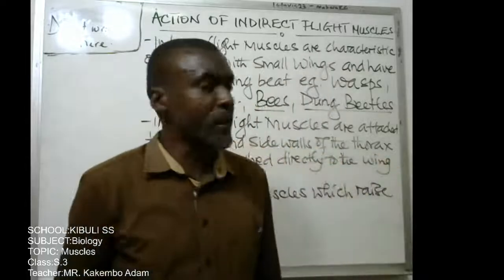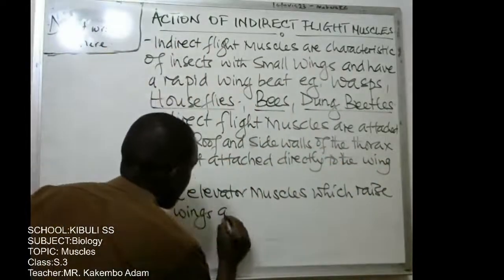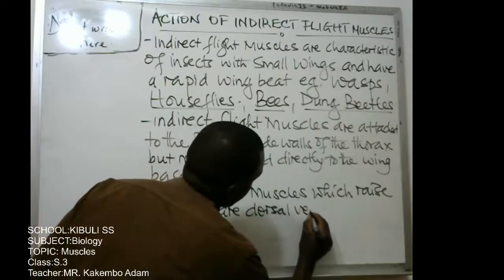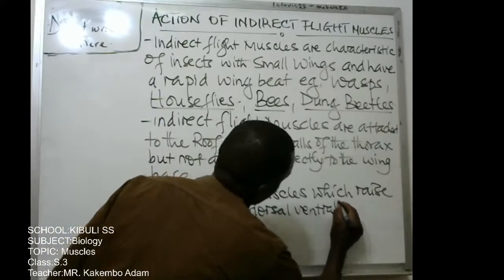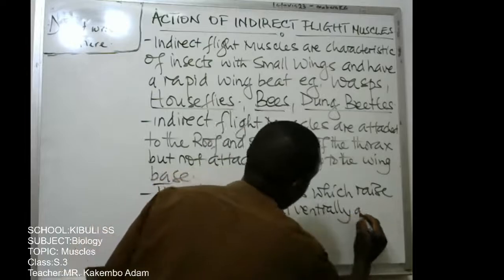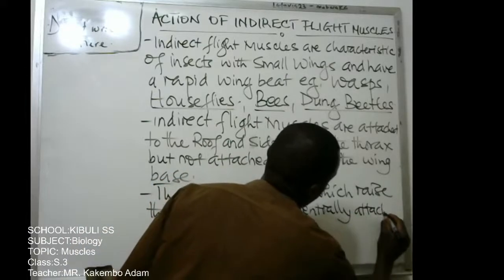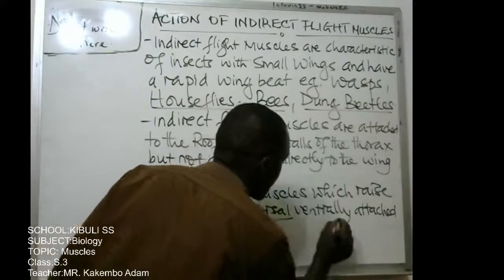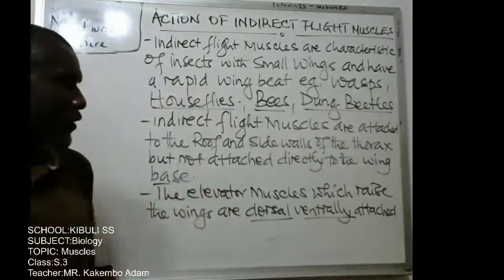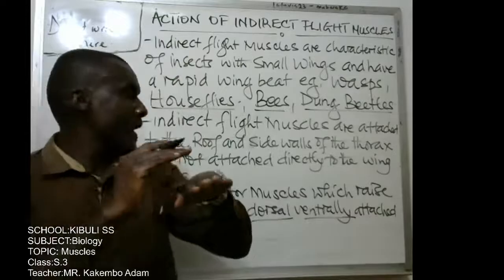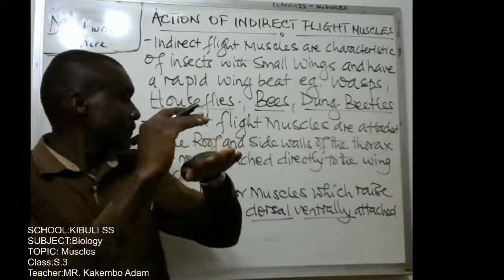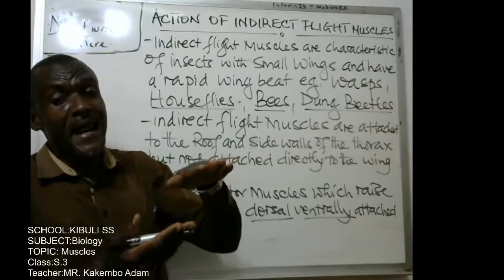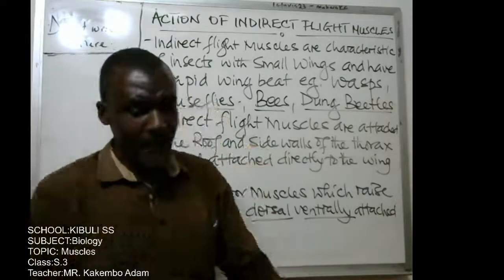The elevator muscles are dorsoventrally attached. Dorsoventrally means dorso is top, so they are attached at the top and on the ventral side, top and under.